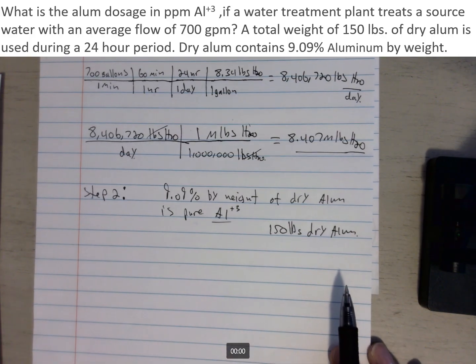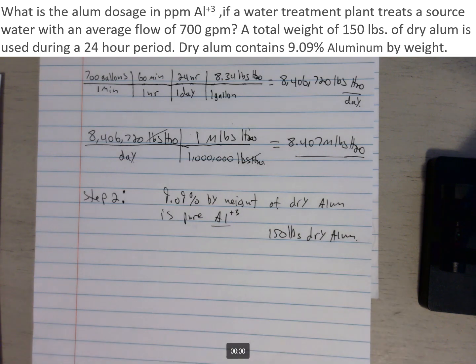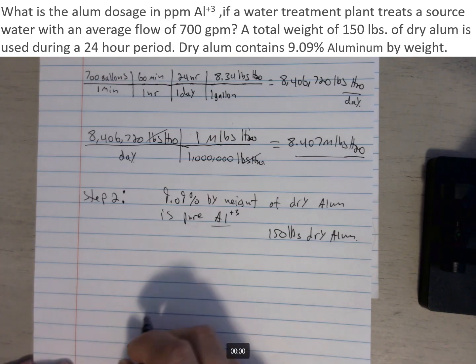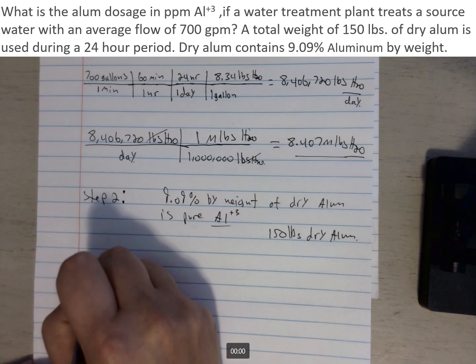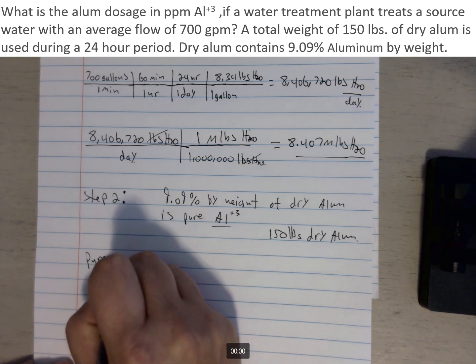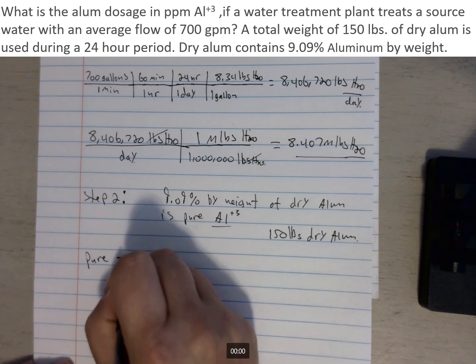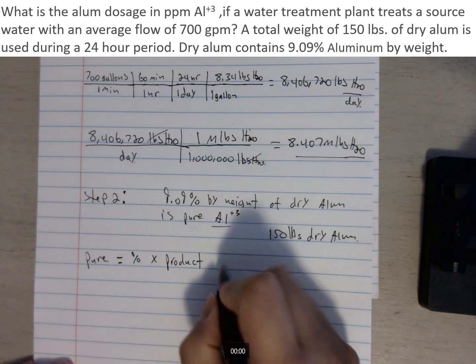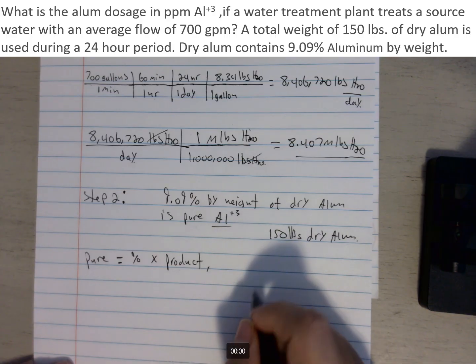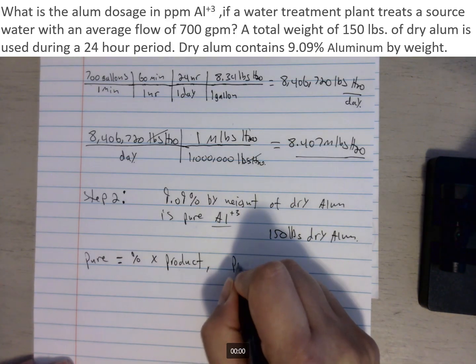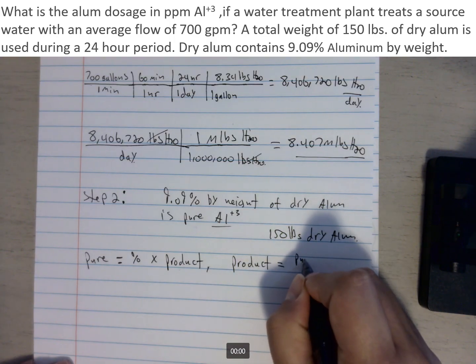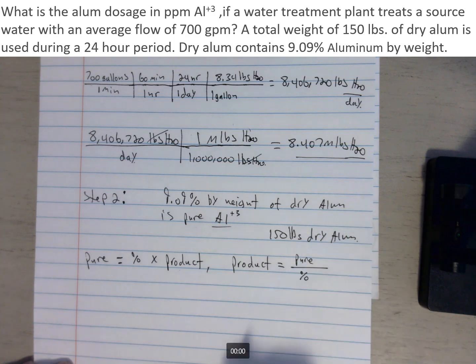A different way that you can look at this, and this way seems to be pretty comprehensive if percentages are not your strong point: if we take a look at these two equations, pure is equal to your percent multiplied by your product, and product is equal to your pure divided by your percent.